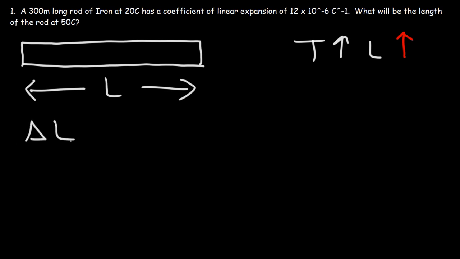We need to use this formula. The change in length is equal to alpha, that's the coefficient of linear expansion, times L0, which is the original length of the rod, times delta T. This is the change in temperature, which could be in Celsius or in Kelvin.